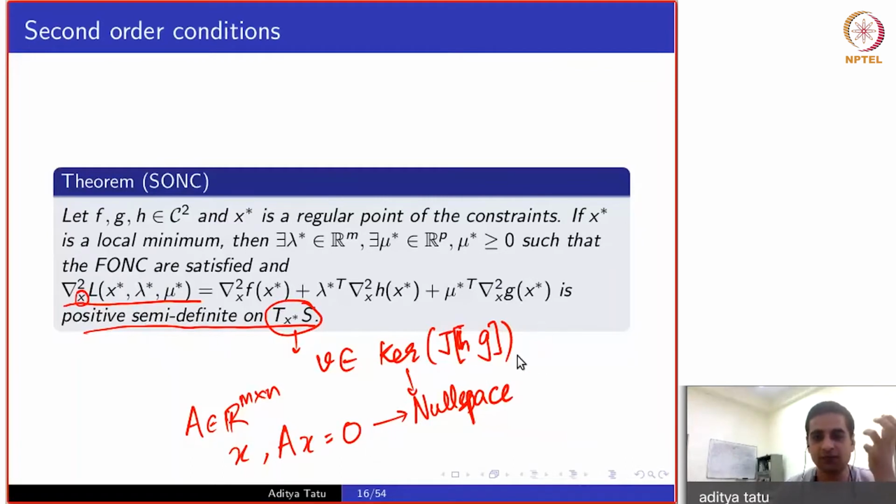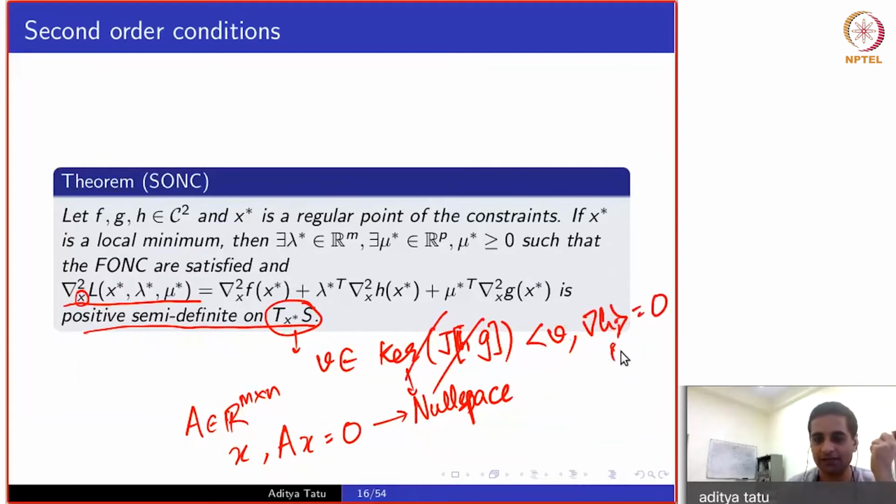So in this case, it would mean all vectors which are orthogonal to the gradient. Is this confusing you? It's a little difficult to understand.